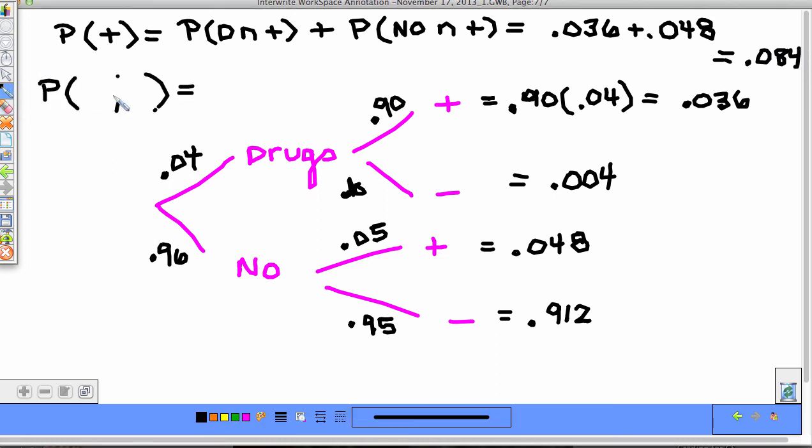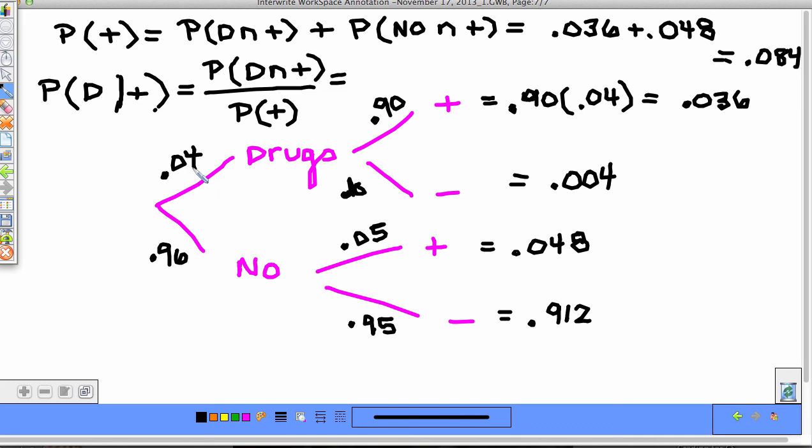Okay, the next thing I want is the probability that they do illegal drugs given that they tested positive. So what percent of people who test positive actually use illegal drugs? So that's asking for the probability that they do drugs given that they tested positive. So I'm going to use my conditional probability rule, which is that they do drugs and they tested positive, divided by the probability of the given, that they tested positive.